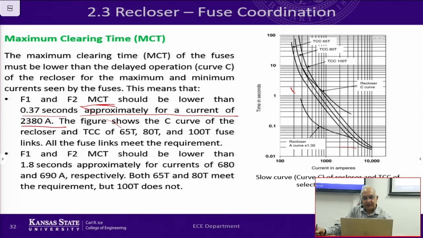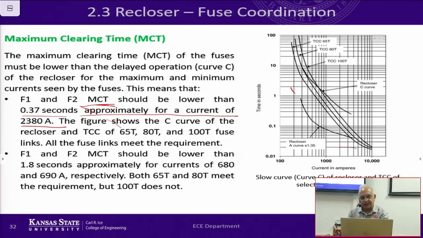So what is happening here is that the 65T is interfering with the fast curve, and 100T is interfering with the slow curve. So both 65 and 100 are going to give you a problem. So what we have to do is compromise and pick 80T as the fuse for both locations.